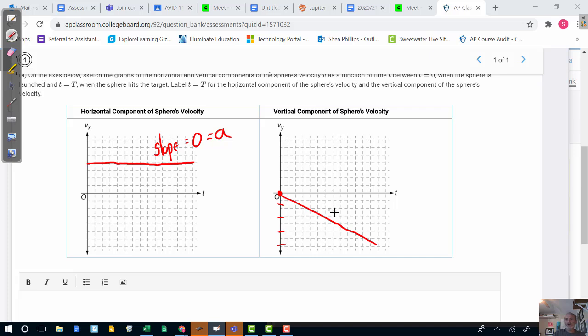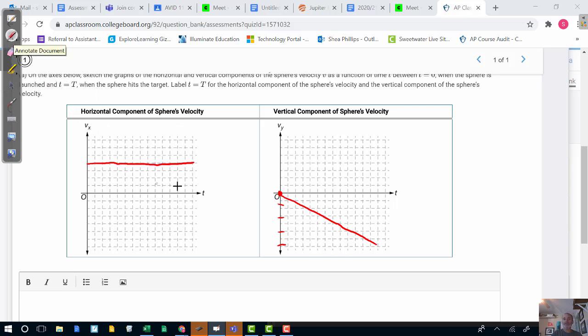But here, the slope is equal to -10, because the slope is the acceleration, which is gravity, which remember is -10 meters a second squared. All right, but they don't ask us for all that information, so I'm not going to put it. I'm just going to keep it nice and simple.